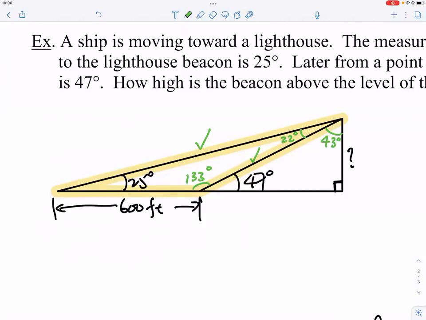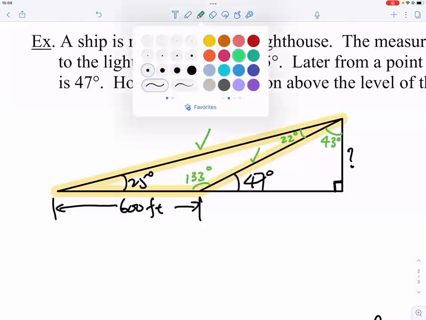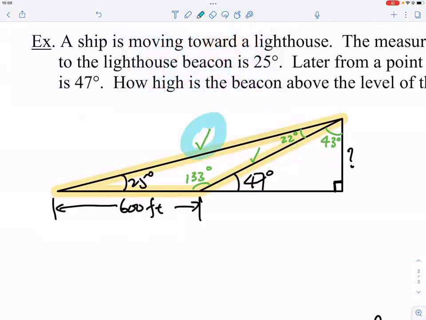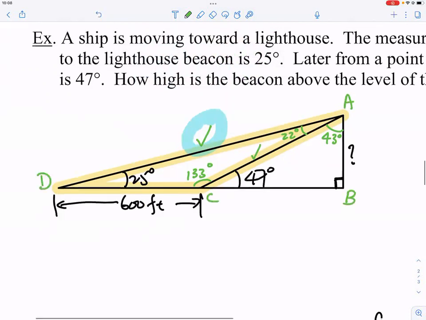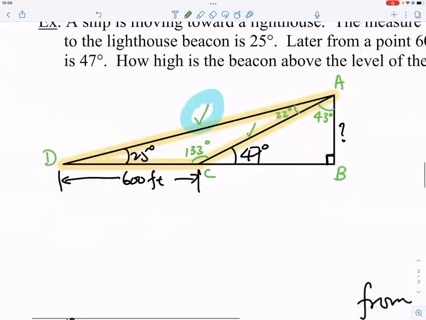If you have either side right here, and you have a right triangle, then we can use a simple trig function to solve it. Let's label some points: this is A, this is B, this is C, this is D. Let's find AD first.